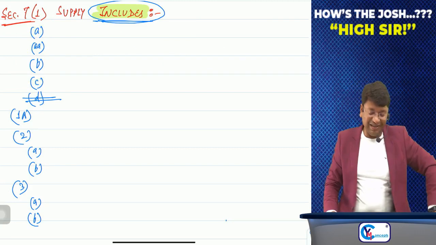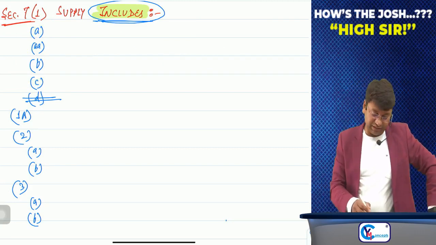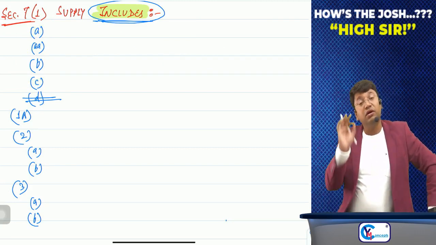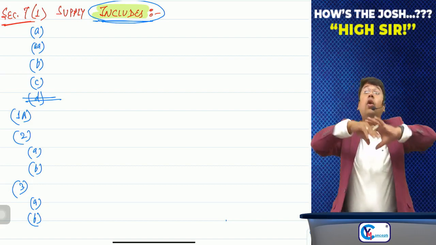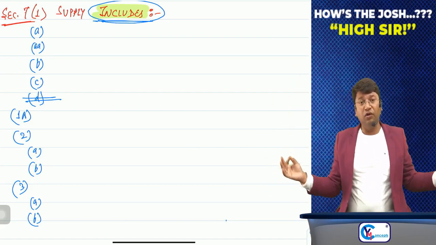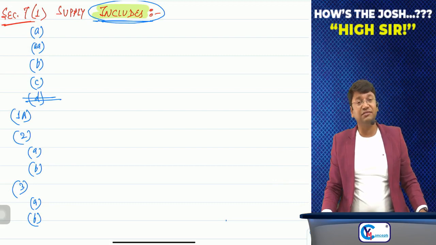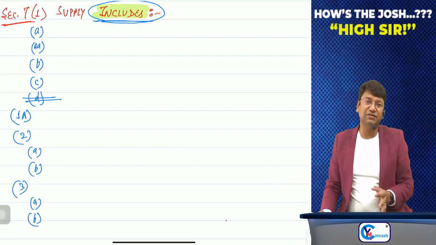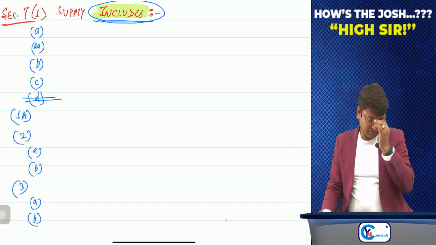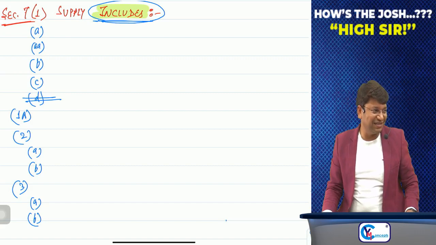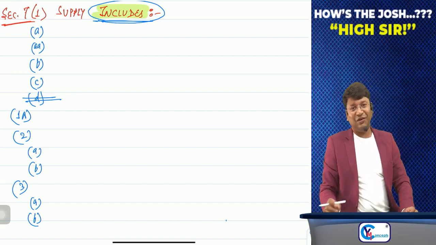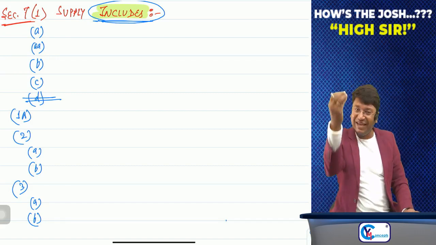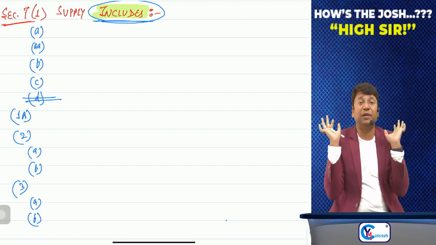Okay, sir, the term supply includes, clause number A says that all forms of supply, such as sale, exchange, barter, transfer, lease, license, rental or disposal. I repeat. Sir, clause number A says that supply includes all forms of supply.